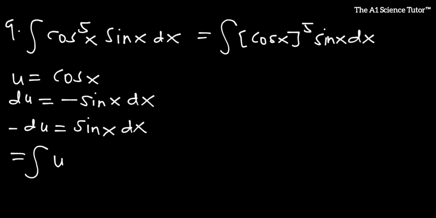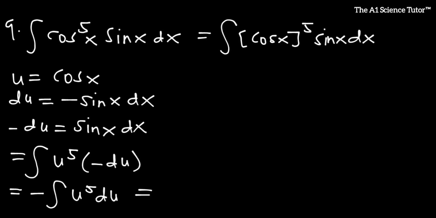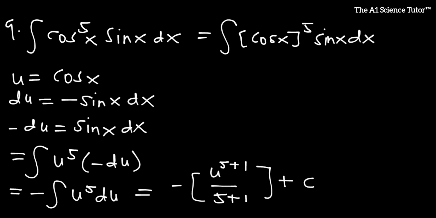So this is going to be u to the 5th, and here we have a multiply by a negative du. Of course, this is actually going to go to the other form. So we should have a negative integral u to the 5th du. Now this should give us negative u to the 5th plus 1 divided by 5 plus 1, plus c.